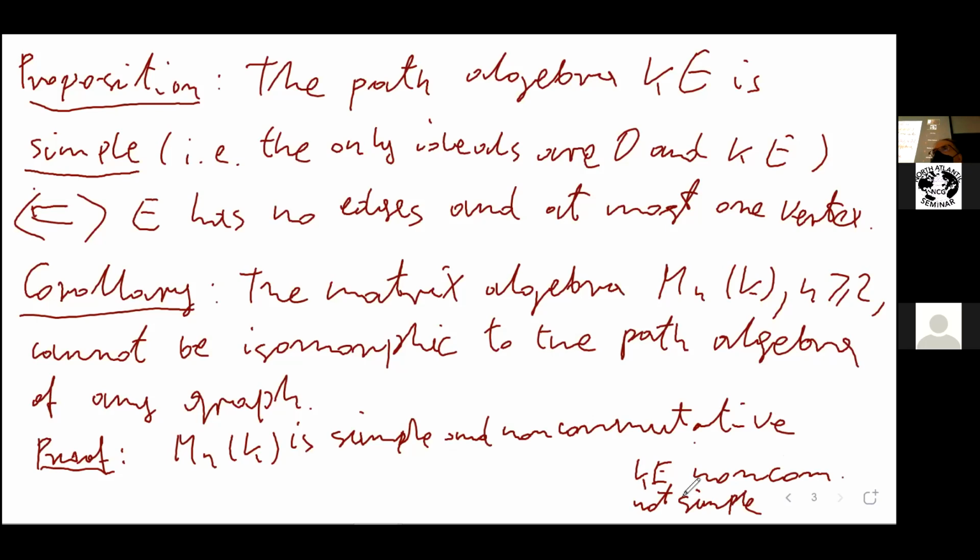Right, so there cannot be an isomorphism between one algebra which is simple, one algebra which is not simple. Okay, I skip writing the full English words, the whole proof is based on the simple observation that matrix algebras are simple non-commutative for n bigger or equal to 2, and all non-commutative path algebras are not simple. Good.